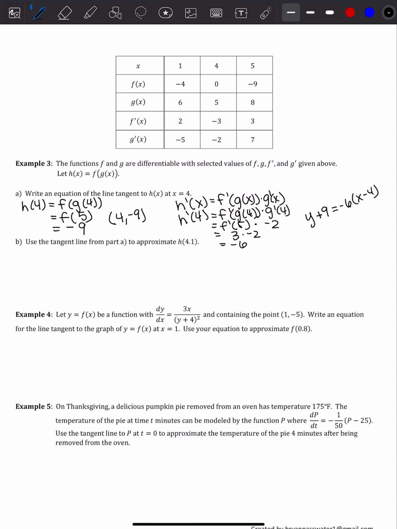So what we're going to do is take our equation, y plus 9 equals -6 times our x value minus 4, and plug in 4.1 for our x value. So instead of x, we are going to have 4.1. Now we're just going to simplify this to the best that we can.